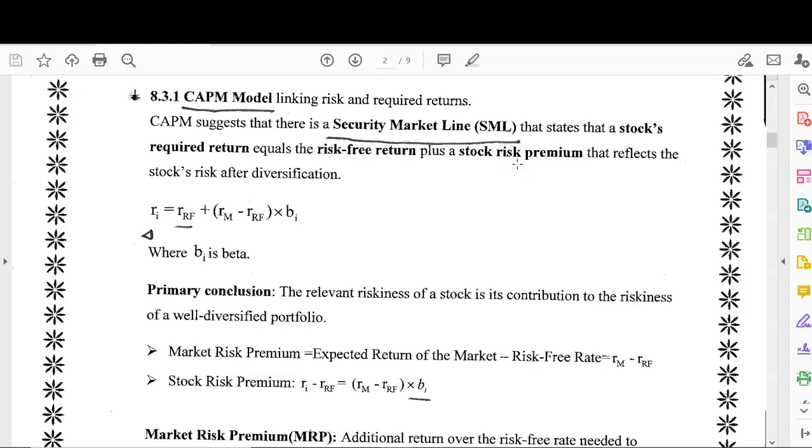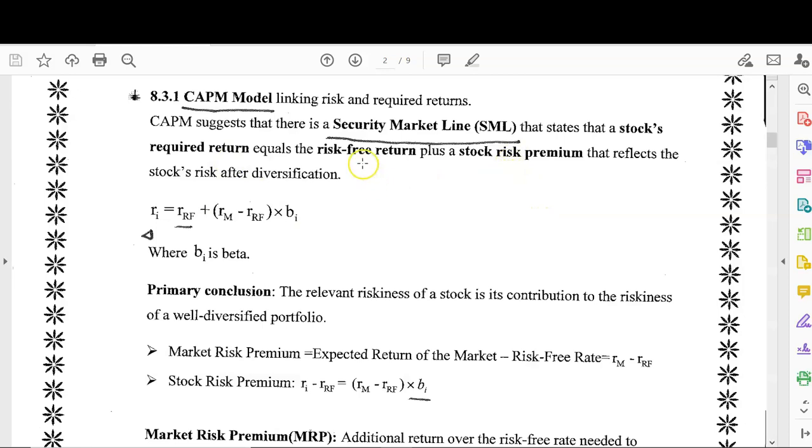Do you guys still remember we discussed that for any financial assets, the return of the asset equals risk-free rate plus the risk premiums for that asset. Okay, the return is higher for that asset compared to risk-free assets because of the additional risk the asset has.